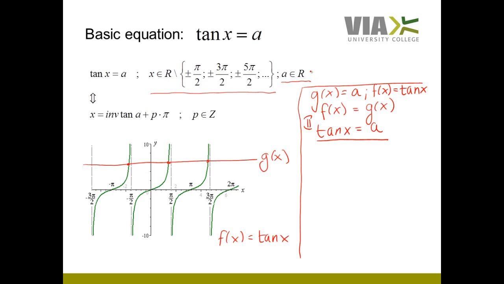So let's see if we can figure out what the solution will be to the basic equation tangent x equals a. I will start by looking into one example, and then we will afterwards look at the general picture.